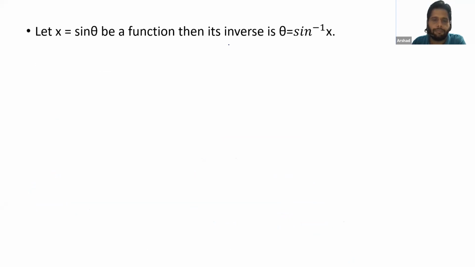Next, let's discuss the trigonometric functions. First we will discuss all the basics here. Let x equal sine theta be a function, then its inverse is theta equal to sine inverse x. So if you have x equal to sine theta, then sine theta is equal to x, and then theta is equal to sine inverse x.